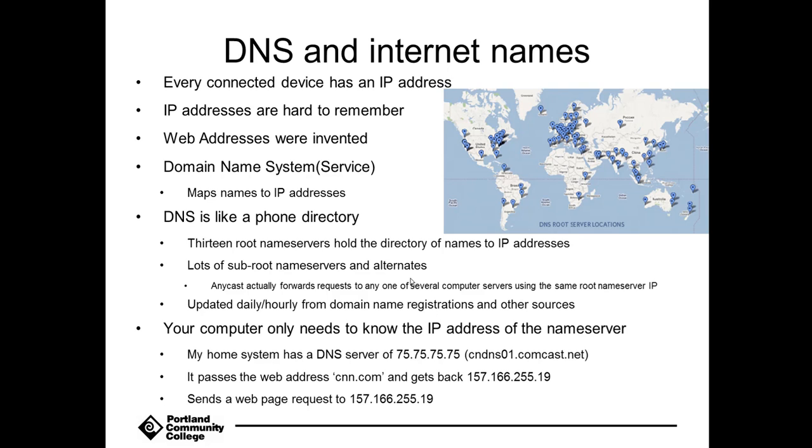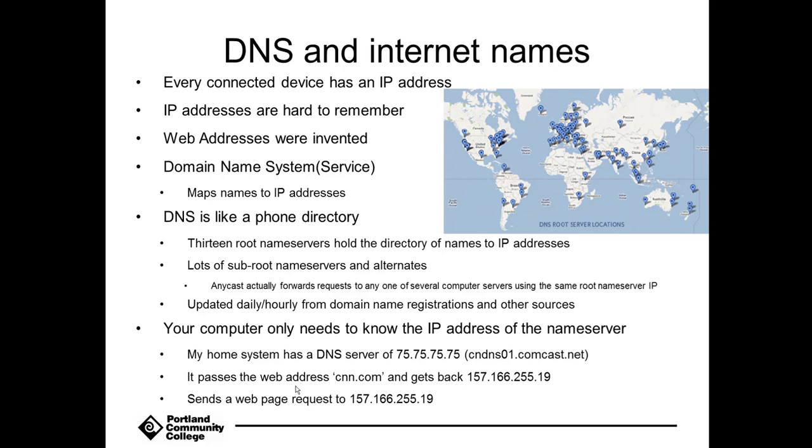And so your computer doesn't need to keep track of all these addresses or IP addresses. It just has to know the IP address of the name server. Let's see. So my DNS server through Comcast has the IP address of 75.75.75.75. That maps to a name system, but all my PC has to remember is this address here, and that gets set when I ask for an IP address.